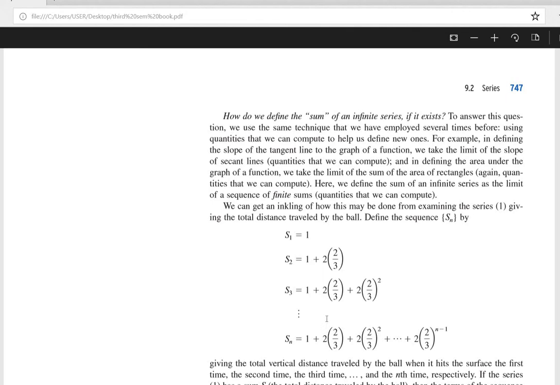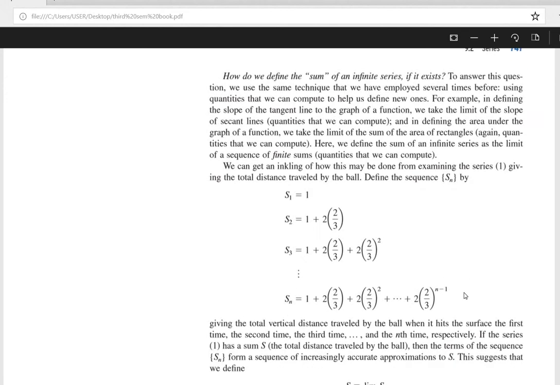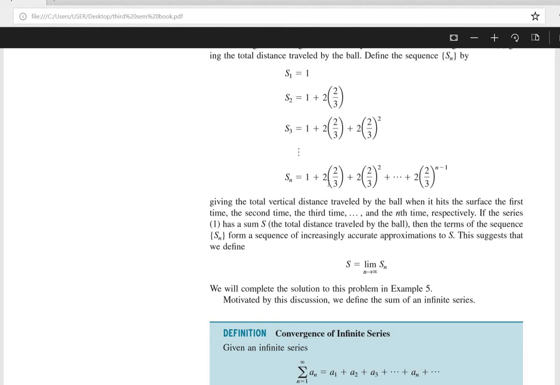S4, what will that be? 1 plus 2 into 2 by 3 plus 2 into (2 by 3) whole square plus 2 into (2 by 3) whole cube. In S3 there is a square. For Sn, 1 plus 2 into 2 by 3 plus 2 into (2 by 3) whole square plus etc. plus 2 into (2 by 3) whole raised to n minus 1. This is the sum of the first n terms.